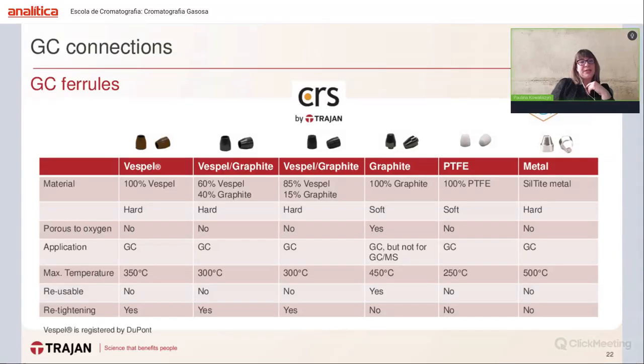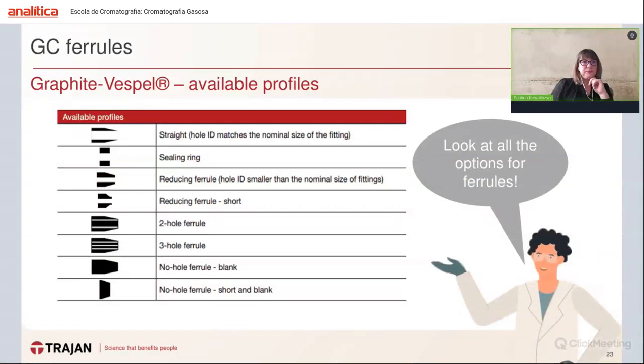And due to the different nature of the materials, some of the ferrules require retightening after first few cycles of temperature, and can be either reusable or not. So here I would like to just shortly mention that within the ferrules, not only graphite Vespel, but also with graphite, we can have different profiles of the ferrules available.